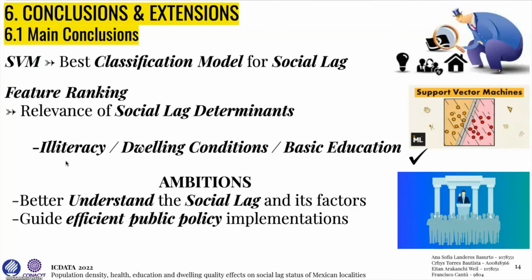Applying this model gives a more precise picture of social lag, and it is a useful tool for generating social policies addressed to localities in need, with the support of predicting what would happen if those policies are applied.